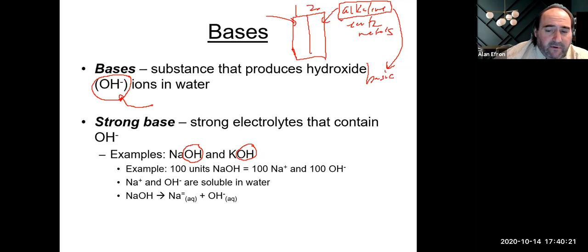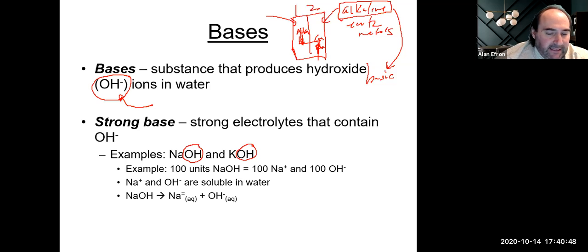So a lot of our really strong bases come from group 1 and group 2 that has hydroxide in it. So for example, if you look on the periodic table, there's sodium right about there. There's potassium. If you head over to calcium and barium. So any of these elements in group 1 and 2 that has hydroxide in it are typically where a lot of our strong bases come from.